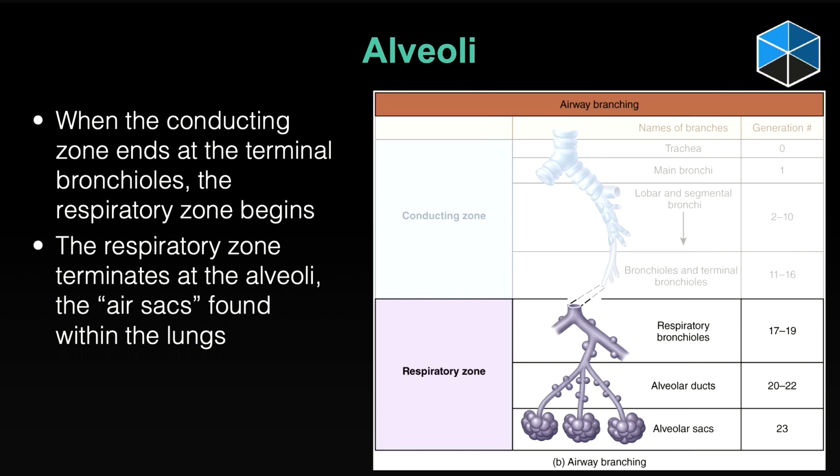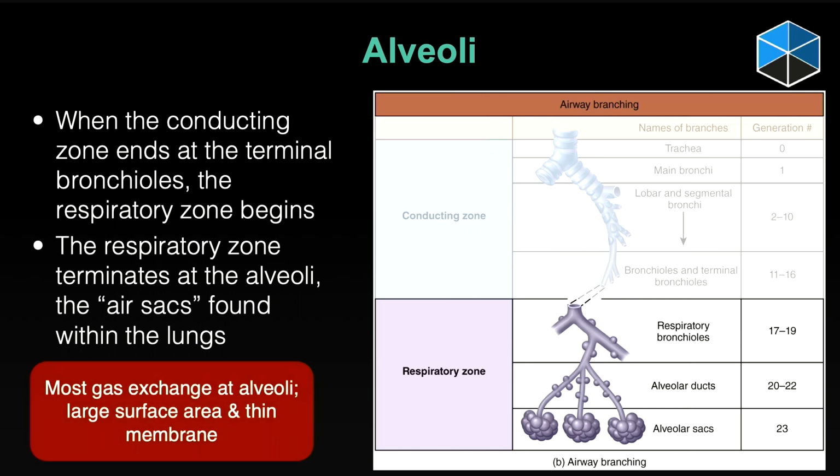Yes, alveolar ducts can be involved in gas exchange. But by far, the most important structure involved in gas exchange are the alveoli, the individual small buds that make up the alveolar sacs. They have the largest surface area.